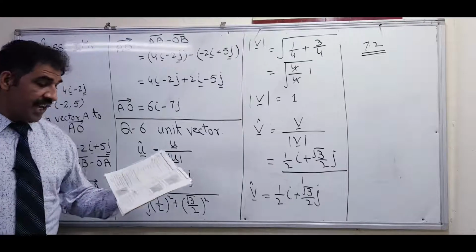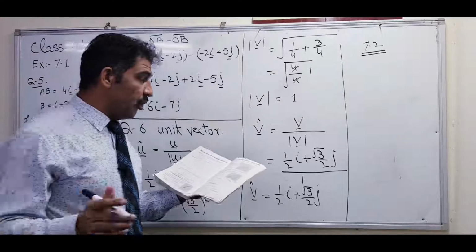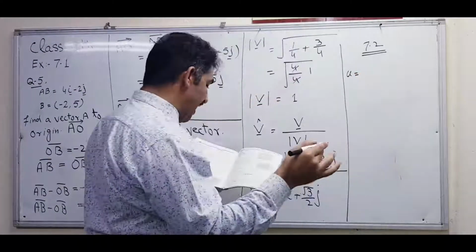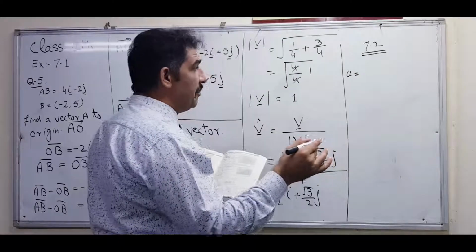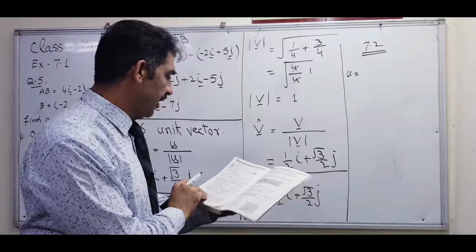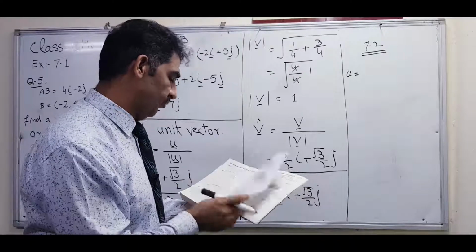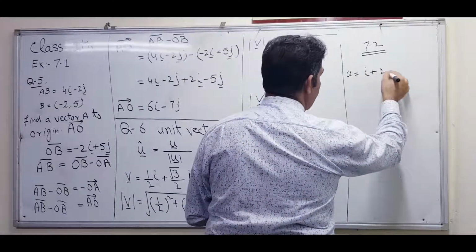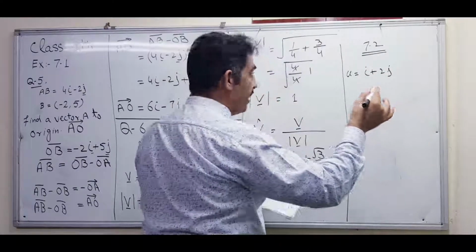If I take one question of 7.2, question number 2, u is given as i plus 2j minus k. I have to find the unit vector of that. The magnitude of the vector u is i plus 2j minus k.